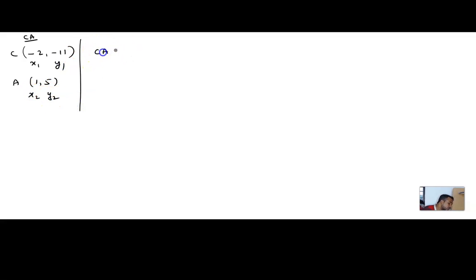So we are finding the distance between C and A, that is CA equals root of (x2 minus x1), x1 value is -2, whole square, plus (y2, that is 5, minus y1, which is -11), whole square. This should come under the entire square root, be careful.